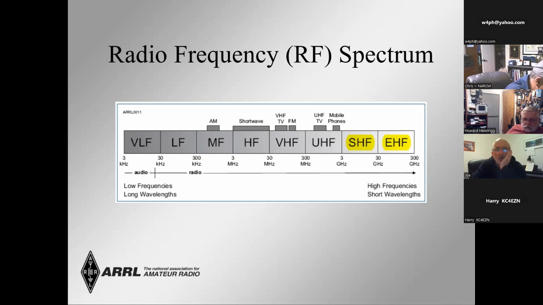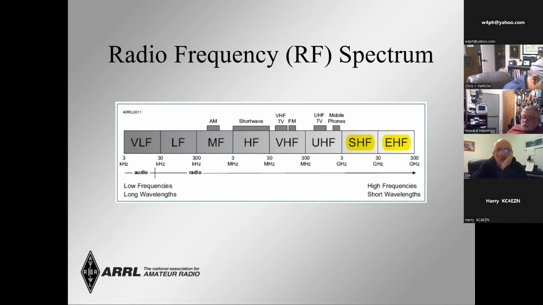Then there's VHF, which is 30 to 300 megahertz. And we have 3 ham bands that fall in there, which is the 6 meter, the 2 meter, and the 220 megahertz, which is 1.25 meters. And those are mainly line of sight. Your TV transmissions used to fall in that range before they changed to the digital TV.